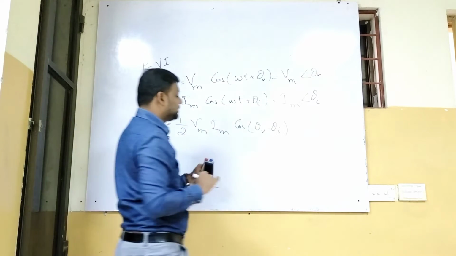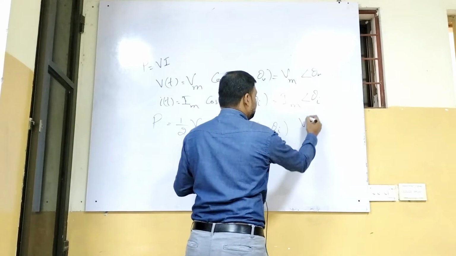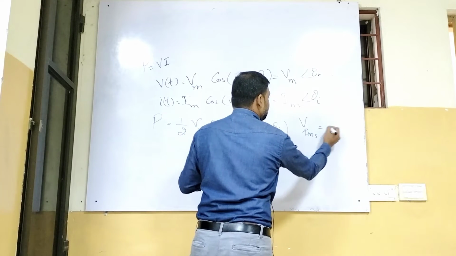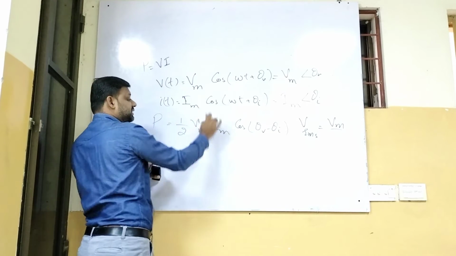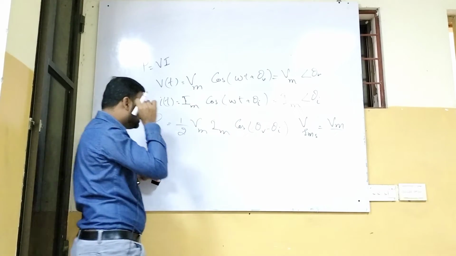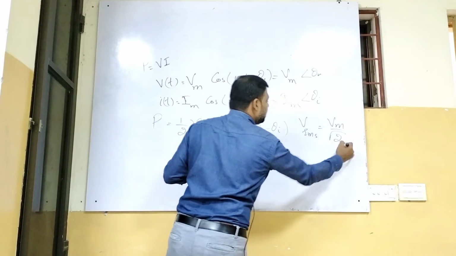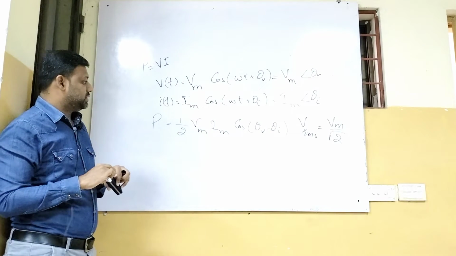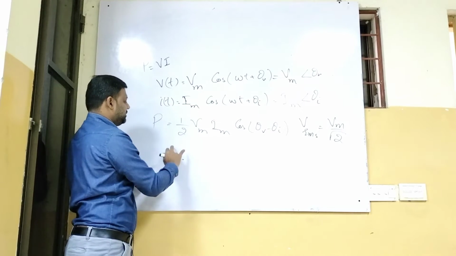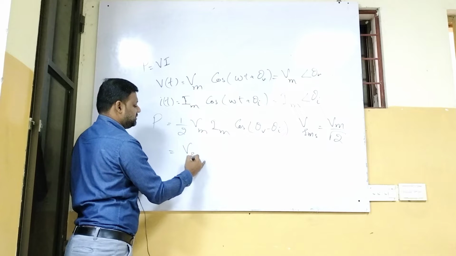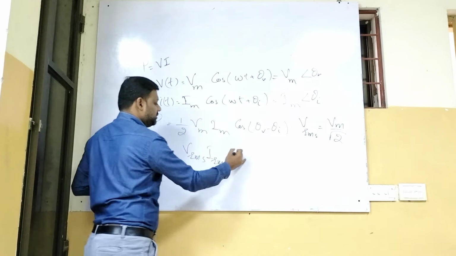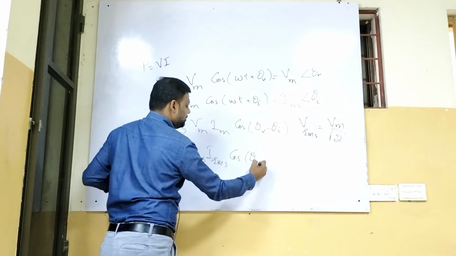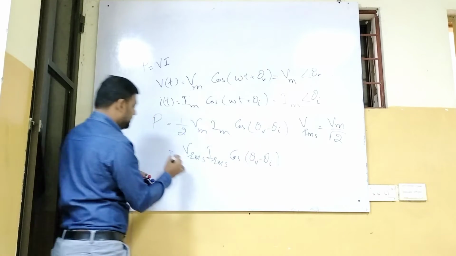And when we go to the root mean square, it was for a sinusoid. This is the sinusoid. So this will transform as follows.